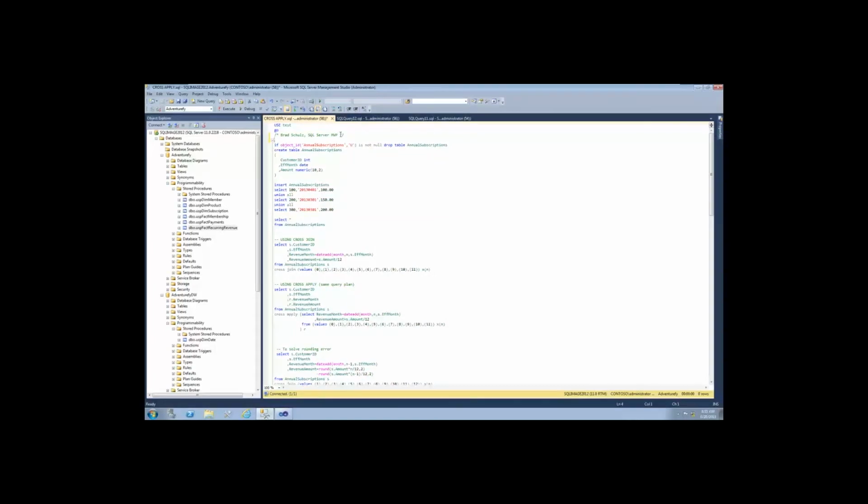He has a blog and he talks a lot about cross-apply. I've got to give credit to Brad Schultz here. I'll go ahead and do that now, and I'll clean this up after the session. So if anybody wants this script afterwards, I'll be more than happy to give it to you.